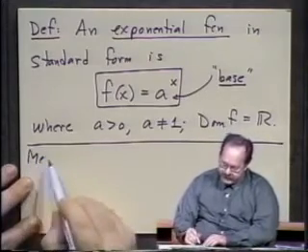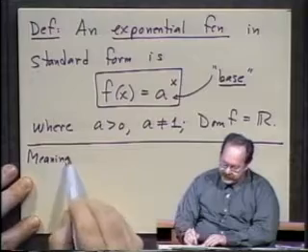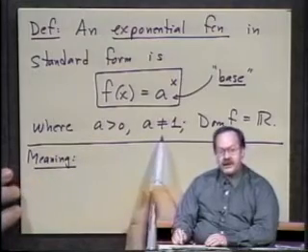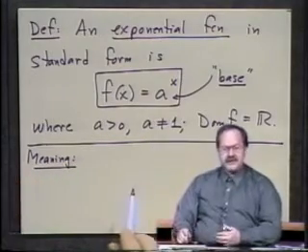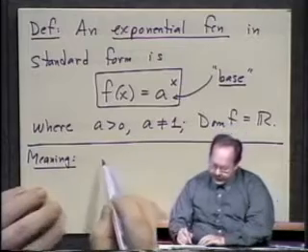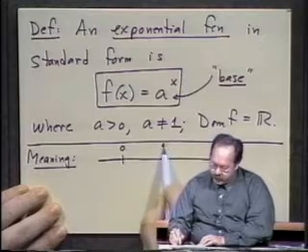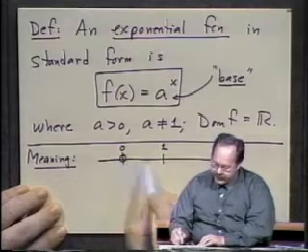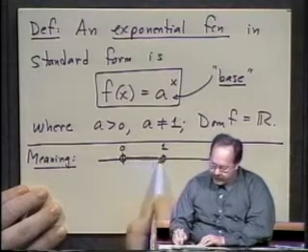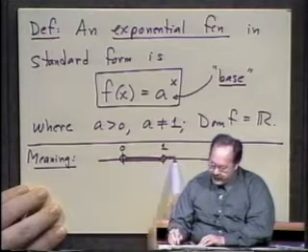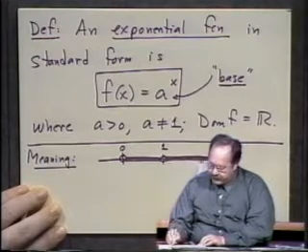Well, what does that mean? Let me be a little bit more specific about the a's here. These a values greater than 0 and not equal to 1. I think it's easier to visualize this situation. Here's the situation. If this is 0 and this is 1, then we're not including 0, we're not including 1, but we are including everything between 0 and 1 and everything above 1.